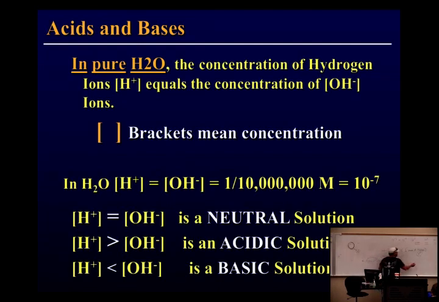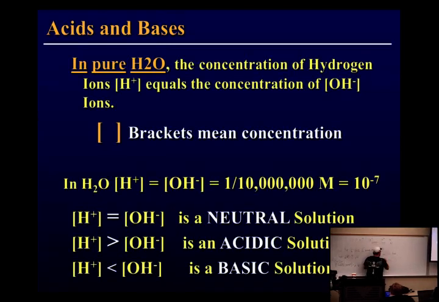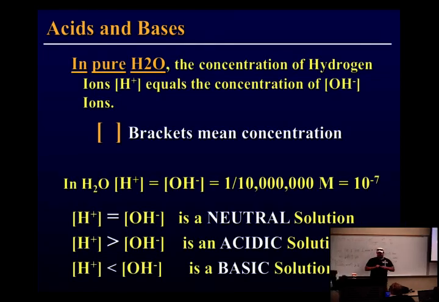If the pH is bigger than 7, it's a base, because that means the number's smaller, it has less hydrogens. If the pH is equal to 7, it's neutral. If the pH is less than 7, it's an acid. Does that make sense? All right.